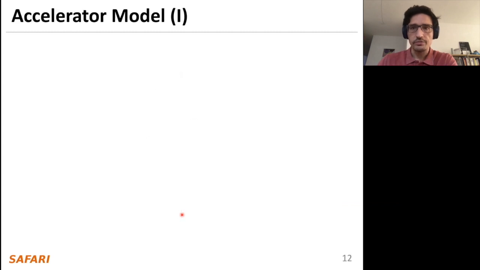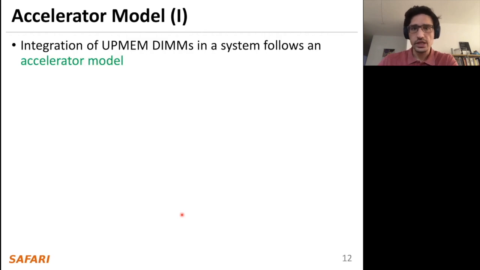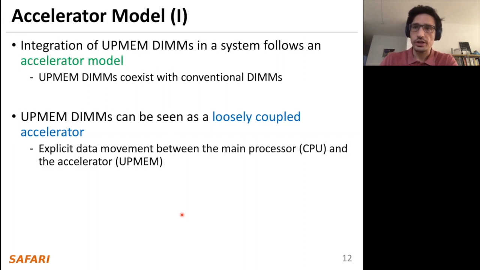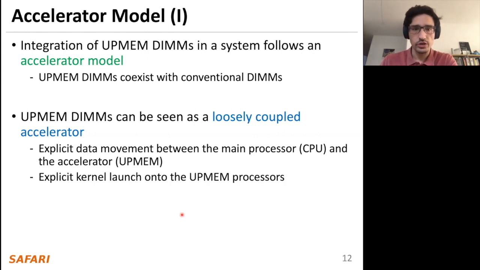And this takes us to what we call the accelerator model. Essentially, the accelerator model consists of seeing the UPMEM DIMMs as if they were a loosely coupled accelerator, where we need to explicitly move data between the main processor and the accelerator, which in this case is the UPMEM PIM architecture, and then explicitly launch the computation, the kernel, onto the UPMEM processors.